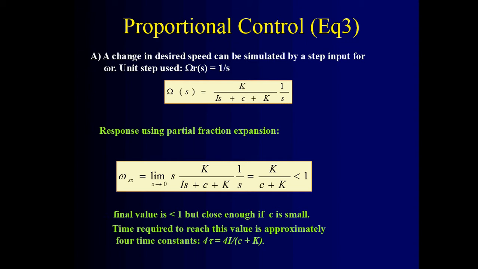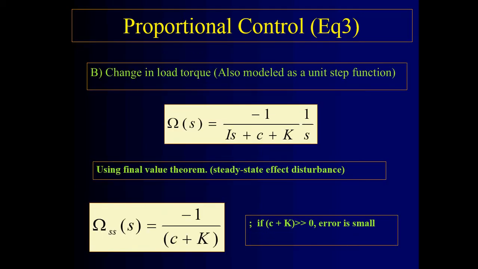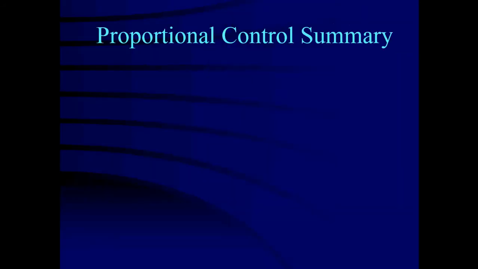We'll just use MATLAB and simulate. So in this case, you have the change in the torque modulus unit step function, and then you have to calculate what the final value is.